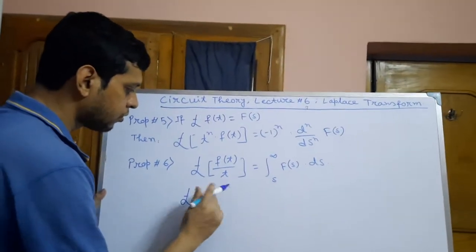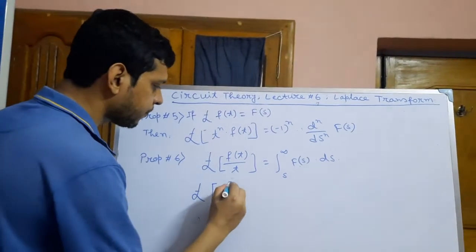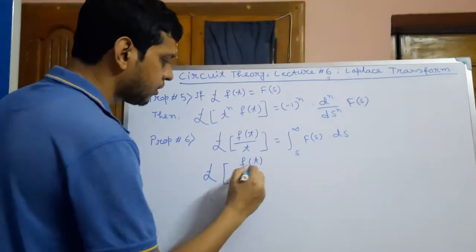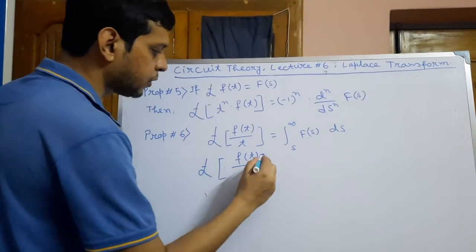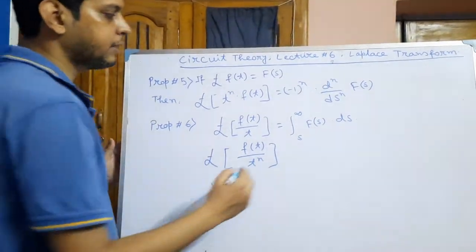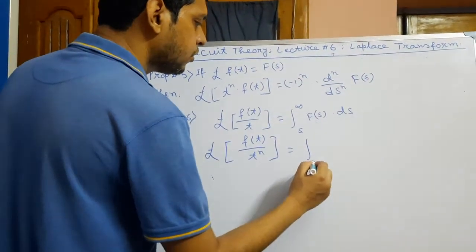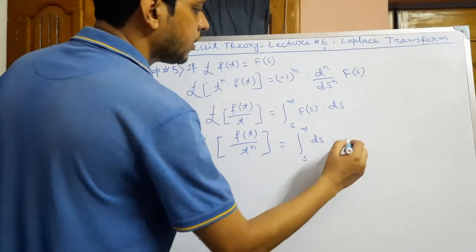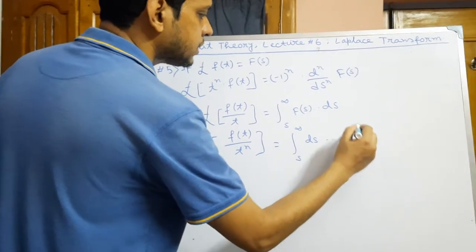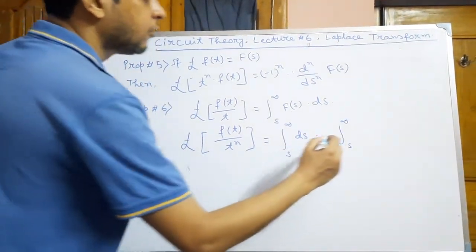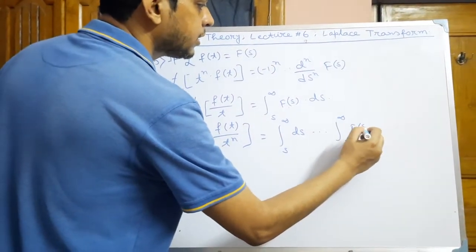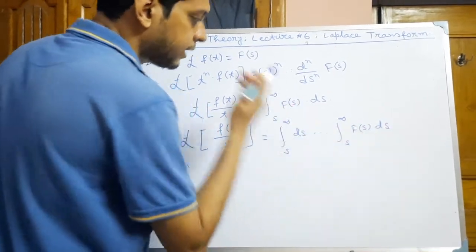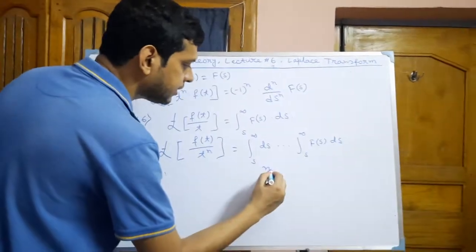So Laplace transform of ft by t to the power n equals some successive integration of fs with respect to s, and the number of integrations is n times.